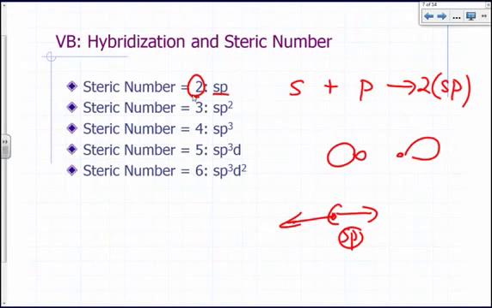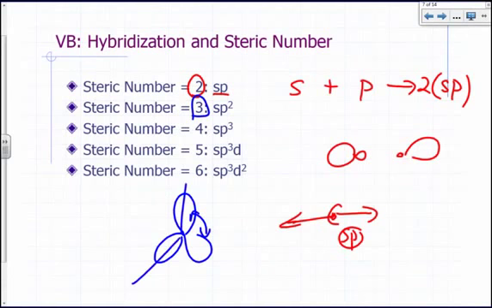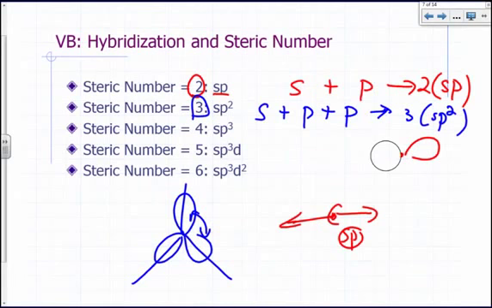If the steric number is 3, then in order to get that 120-degree bond angles of the sigma bonds sticking out of the atom, you're going to need an sp2 hybridization. That means you have to hybridize an s orbital with 2 of the p orbitals. That will give you 3 hybrid orbitals, which we call sp2 hybrids.